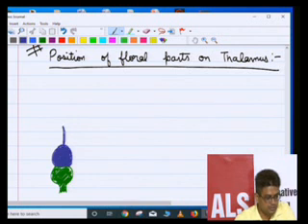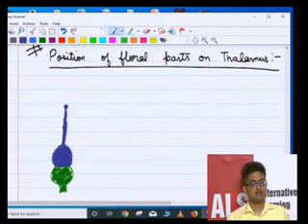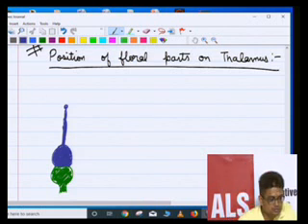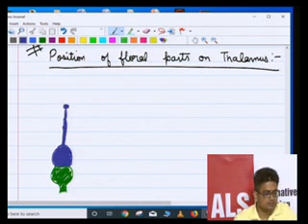Now this part is the style. And this part, the knob like part on top, is called the stigma.